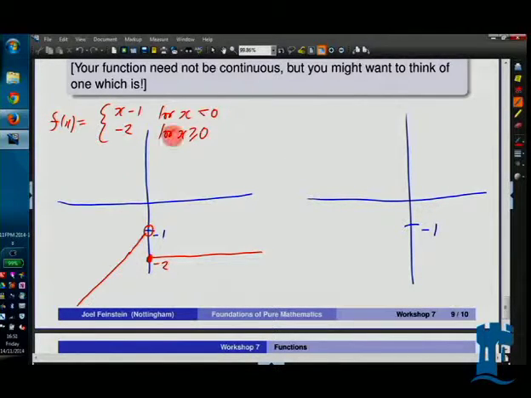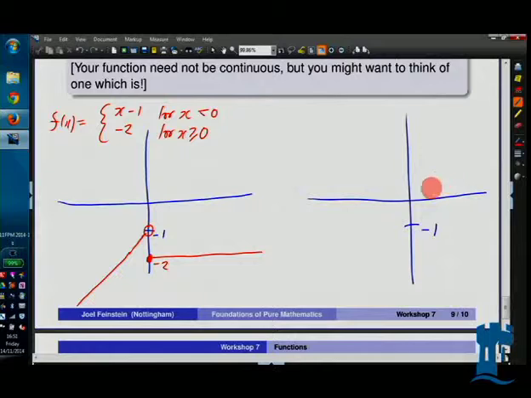I always get this wrong. And if you check what values it can take, it takes values up to, but excluding minus 1. And then it takes the value minus 2 a lot, but that doesn't change the values you get. Okay, that's a pretty boring discontinuous example.